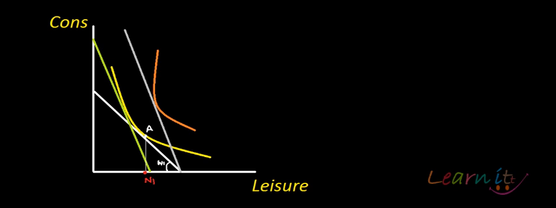Now wages have increased, so you move to point B here, and what has happened is that you have started working less. This is N1 to N2. Clear?